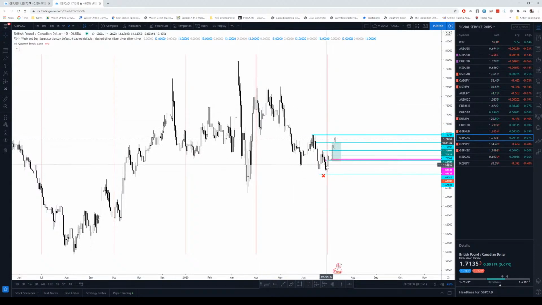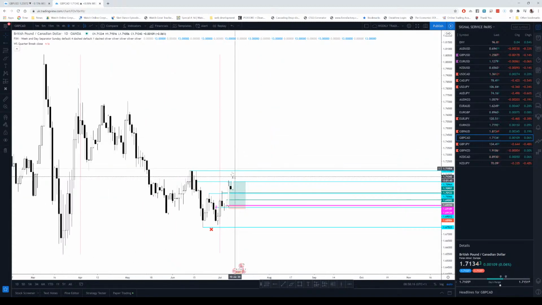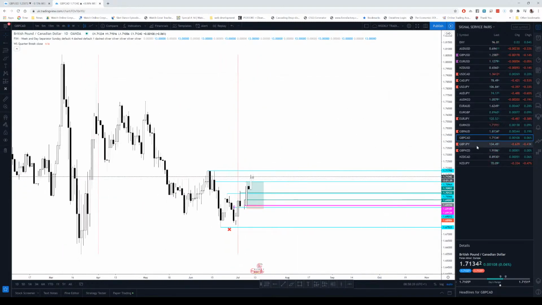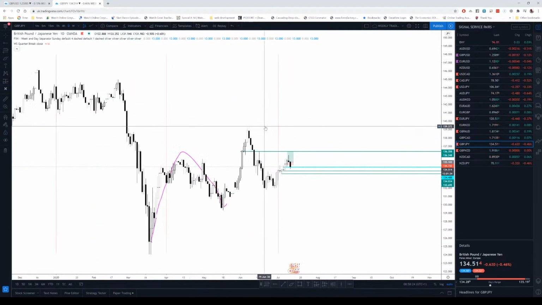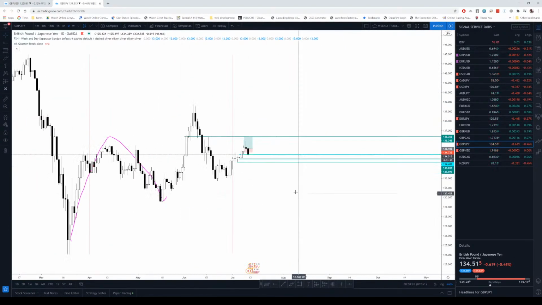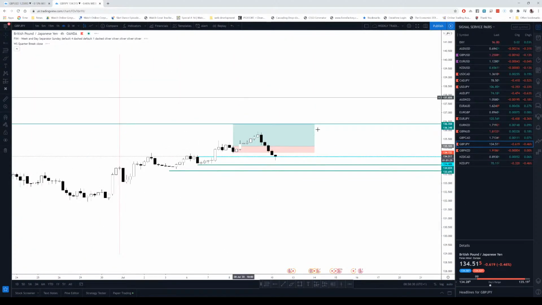So now it looks like we're turning around. So this high is definitely going to go, and then we'll see how far it's going to go. Yen is not moving as much as the others, or didn't drop that much. So let's go on the 4 hour and see what we have.